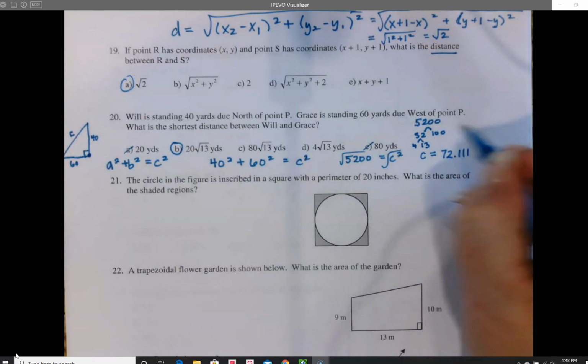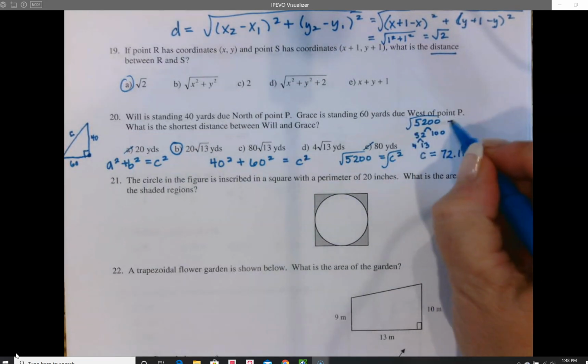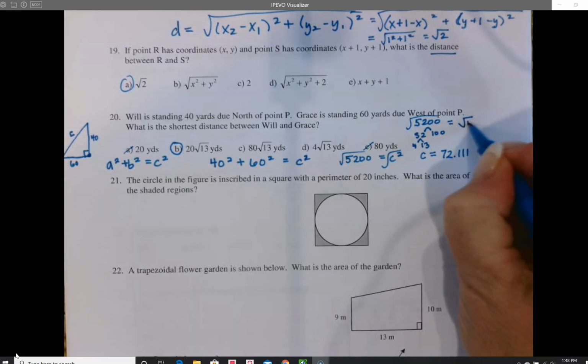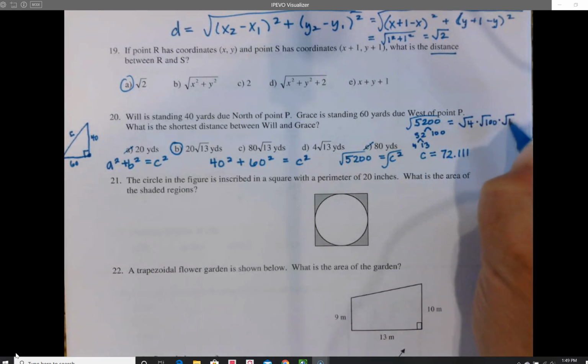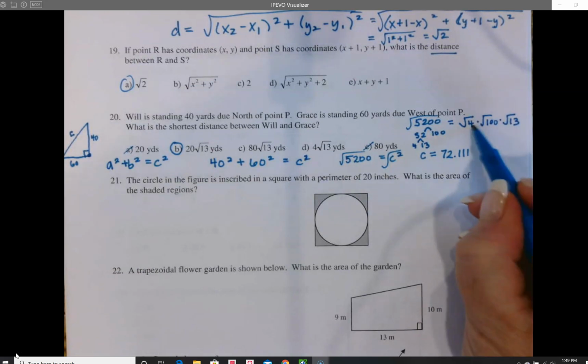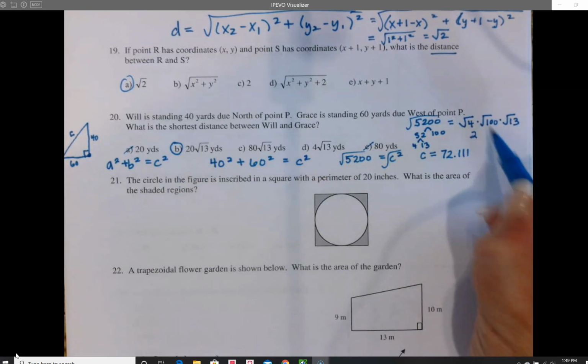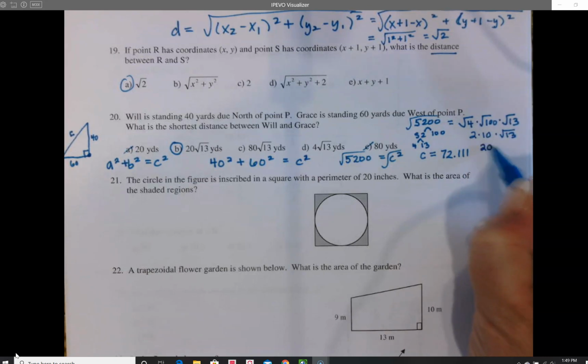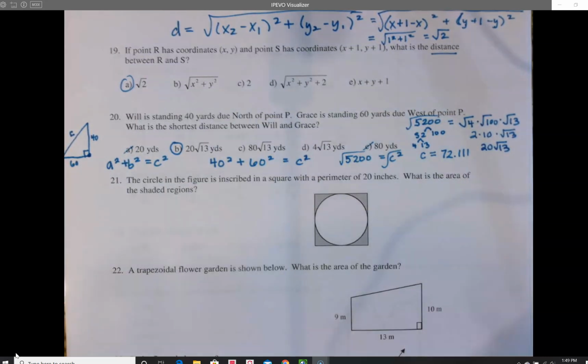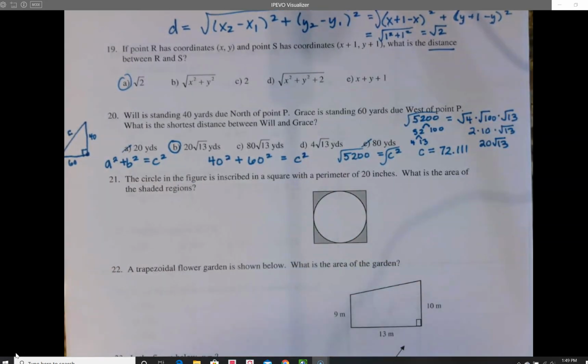I'm just going to rewrite the square root of 5200 as the square root of 4 times the square root of 100 times the square root of 13. And the square root of 4 is 2, and the square root of 100 is 10, and the square root of 13 is a messy decimal, so I'm going to leave that one. So 2 times 10 is 20, and that's how you simplify a radical. So that's how we know B is the right answer.